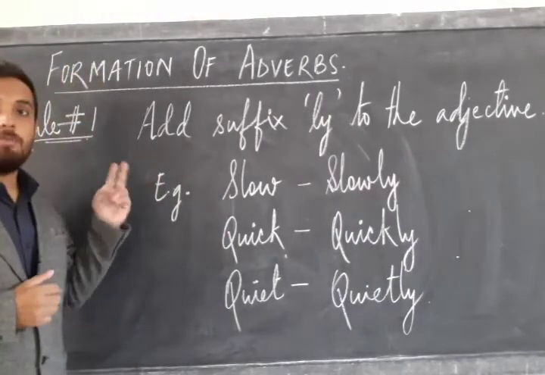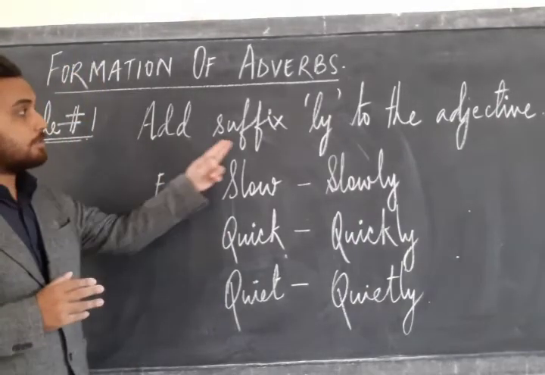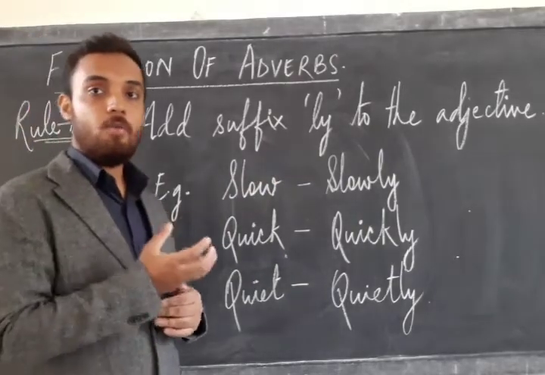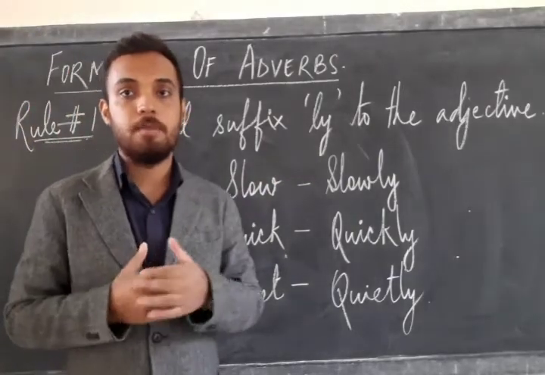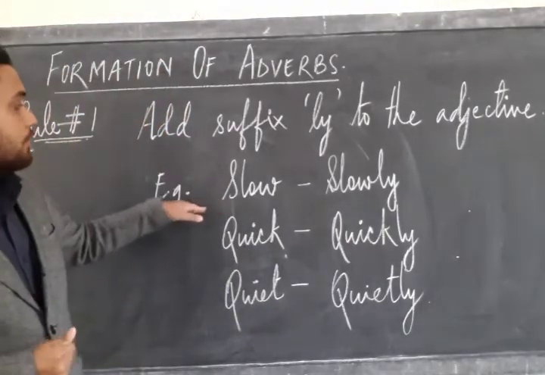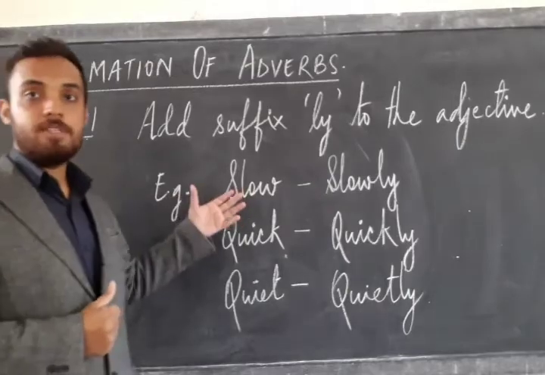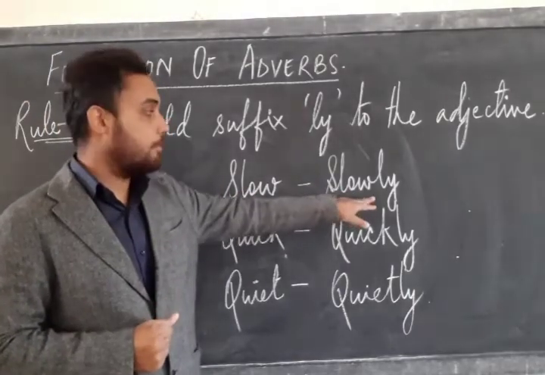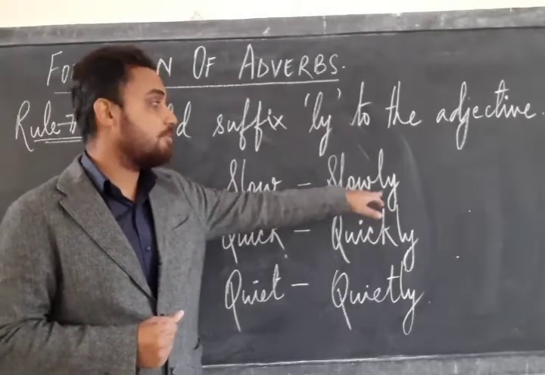Over here, rule number 1 says add suffix ly to the adjective. When we add ly to an adjective, it becomes an adverb. Let's see with an example. Slow is an adjective, and when we add the suffix ly, it becomes slowly.